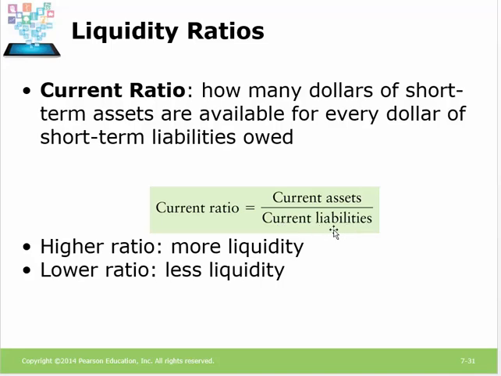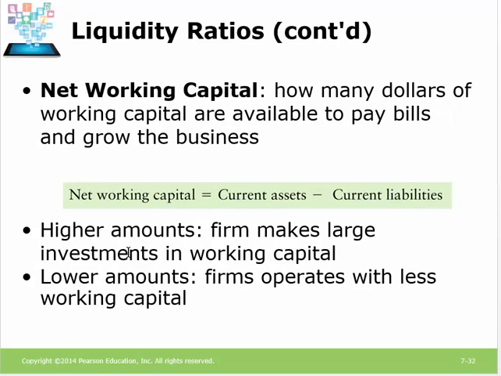Current liabilities are all the debt that we owe that's due in the next 365 days. So this essentially is cash divided by debt. Do you have more cash than debt? Obviously, you want a higher ratio. This shows more liquidity, a greater ability to make payments. Lower obviously means less liquidity.